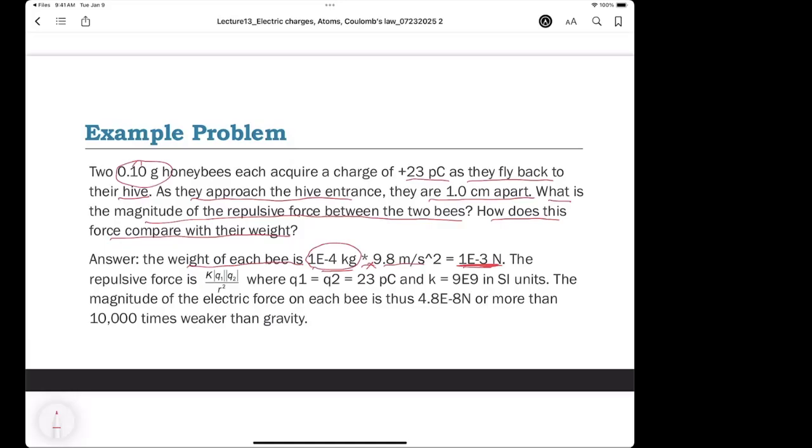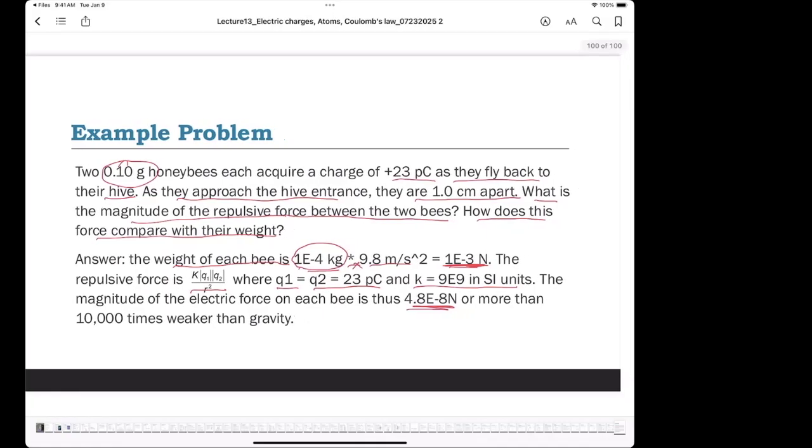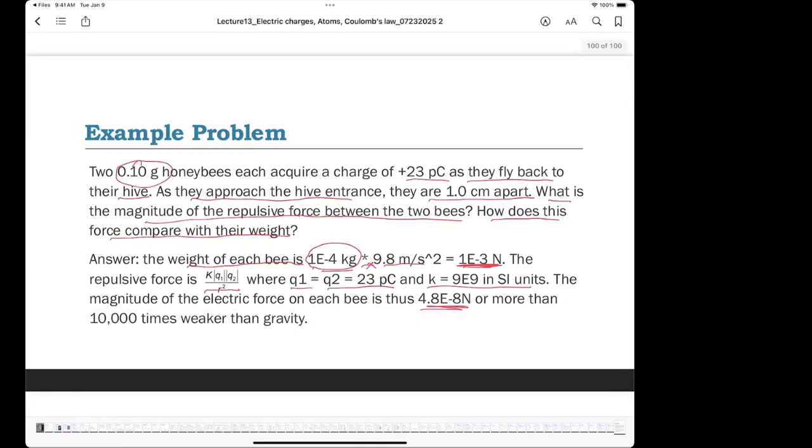The repulsive force is given by Coulomb's law, with Q1, Q2 and k as given, and the magnitude of the force on each bee is this one. So it is more than 10,000 times weaker than gravity, which means it will not affect the gravity situation.